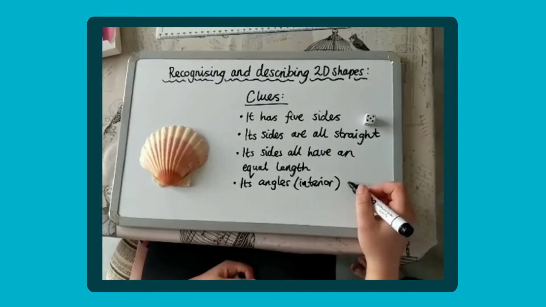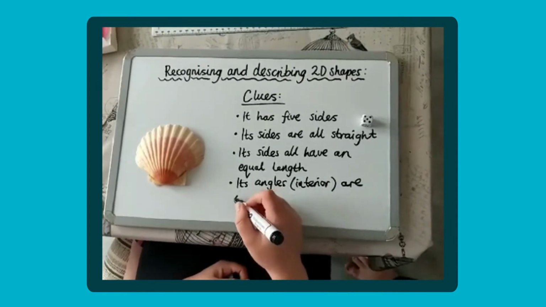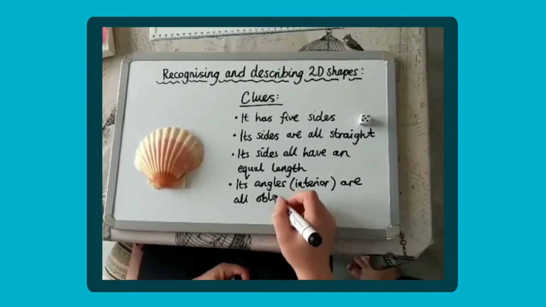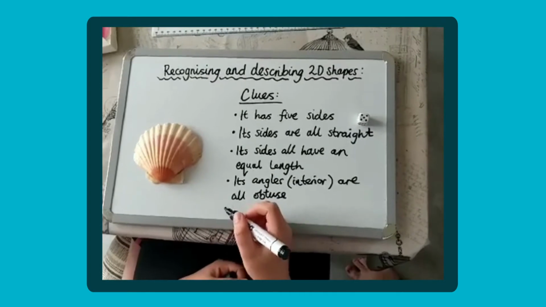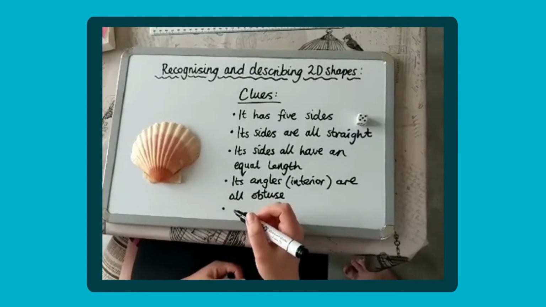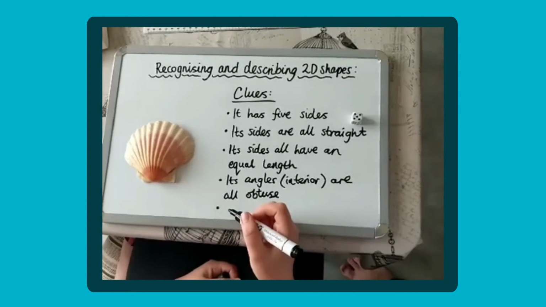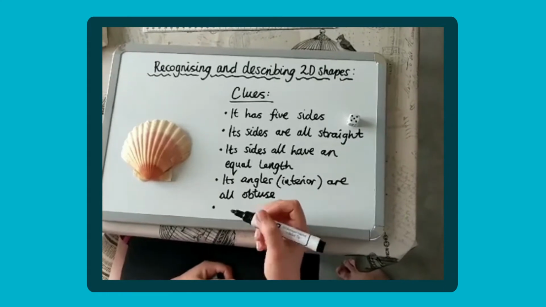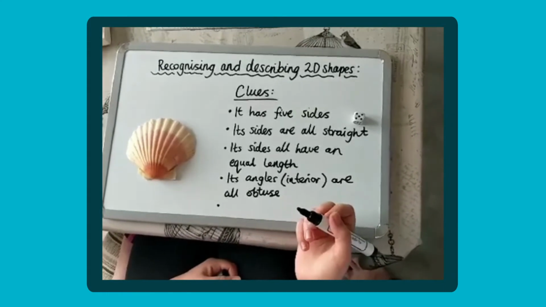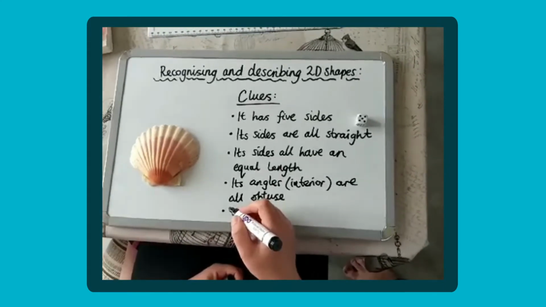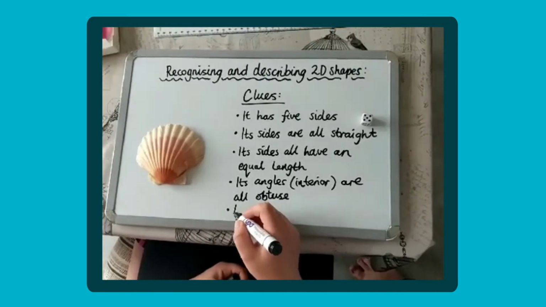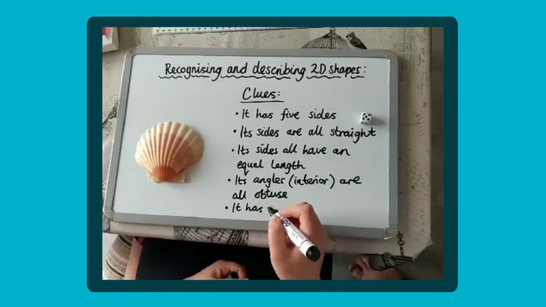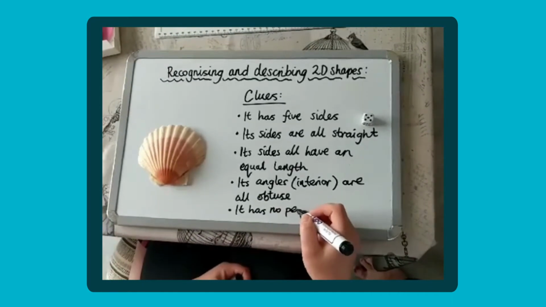Its angles are all obtuse. For our 5th and final clue, we could say something about the type of lines that it uses. So we could say something about whether it has any perpendicular lines. As we know the angles are all obtuse, this means it has no perpendicular lines.